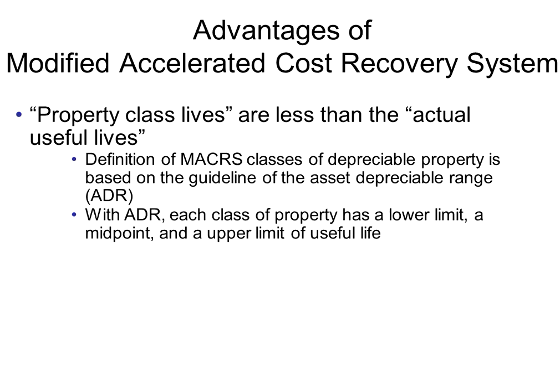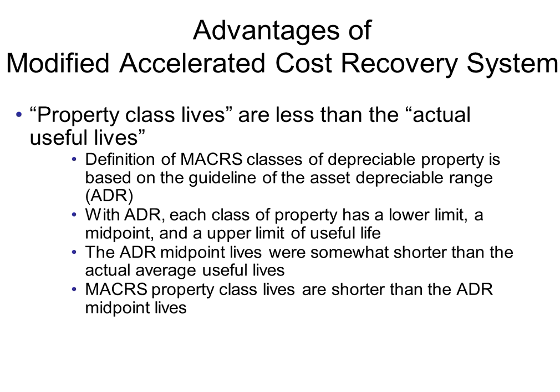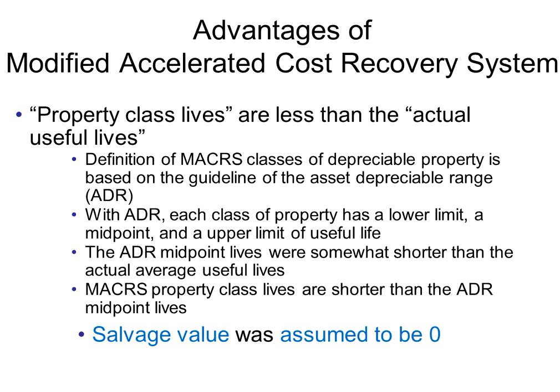With ADR, each class of property has a lower limit, a midpoint, and an upper limit of useful life. The ADR midpoint lives were somewhat shorter than the actual average useful lives, and the MACRS property class lives are shorter than the ADR midpoint lives.